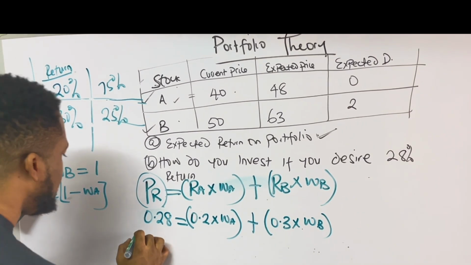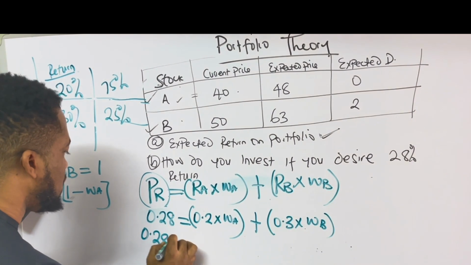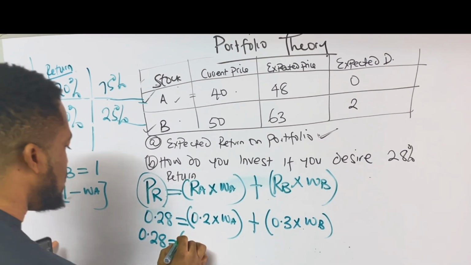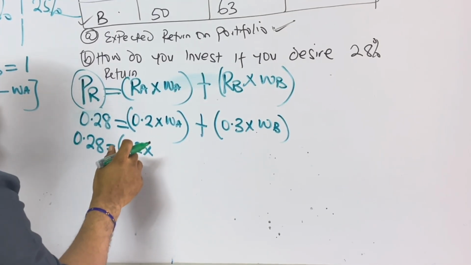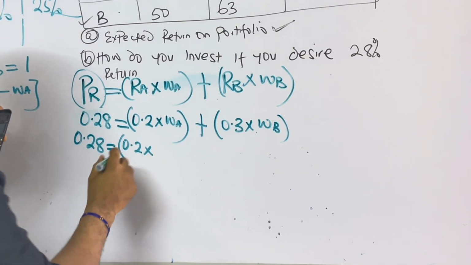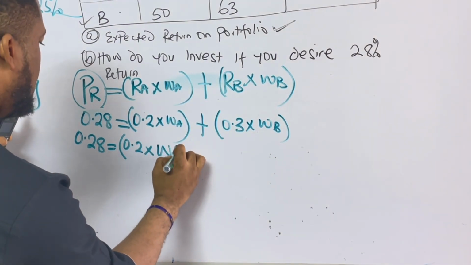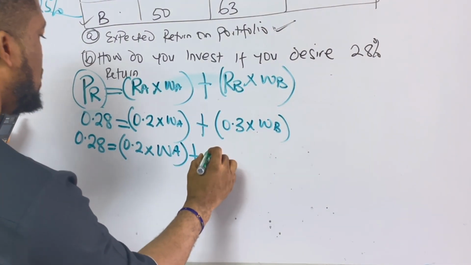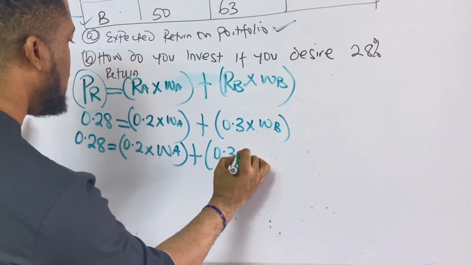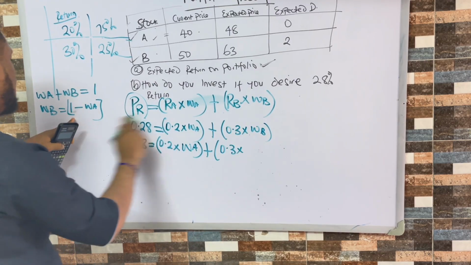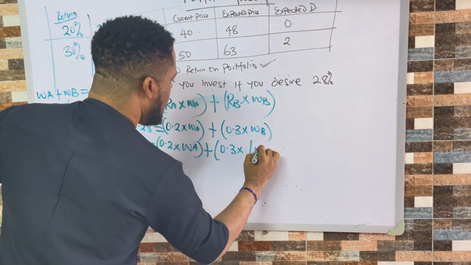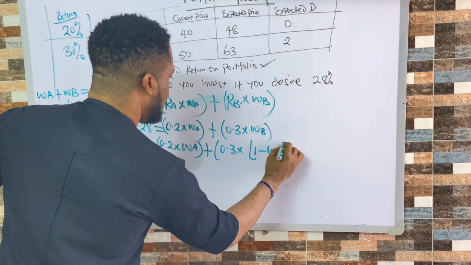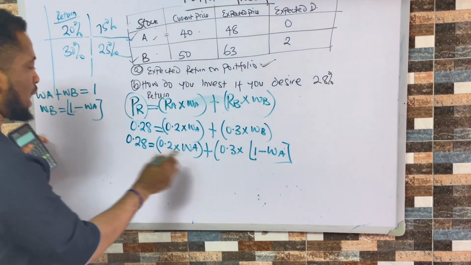So instead of having a weight of B, I will just represent it with 1 minus weight of A. And so I would have 0.28 equals 0.2 multiplied by my weight of A, plus 0.3 multiplied by, instead of the weight of B, 1 minus weight of A. All right, so I can open this bracket.